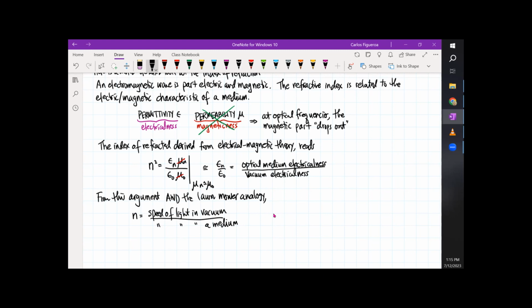Now the index is telling us about this electricalness. So then what this tells us is that this is the speed of light divided by the speed in the medium times n. So if we rewrite this, here's what we find: the speed in a medium is equal to c divided by the index of refraction.